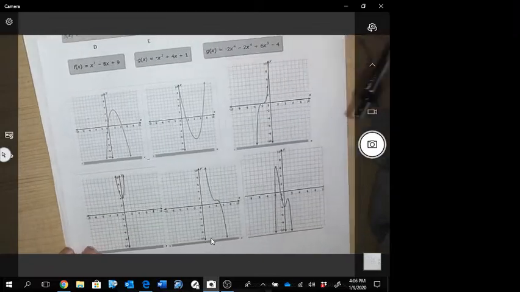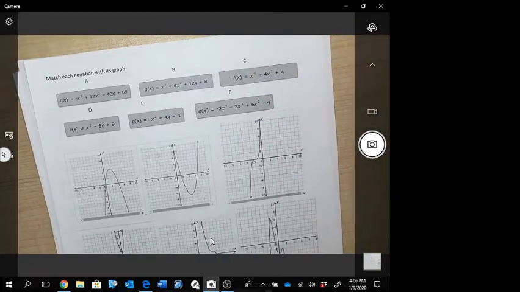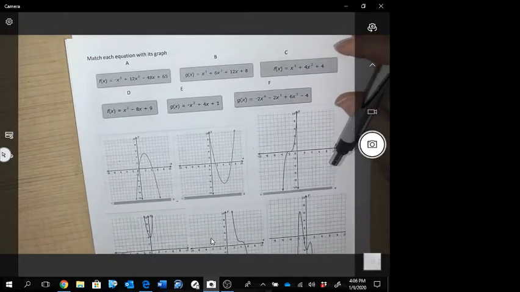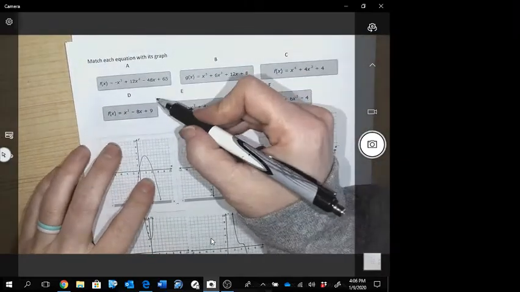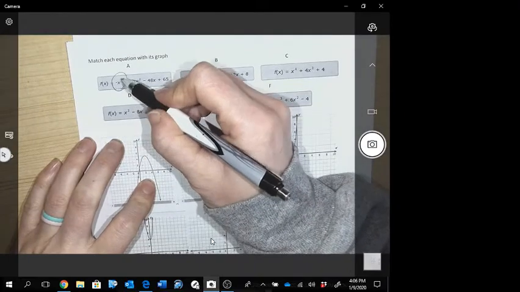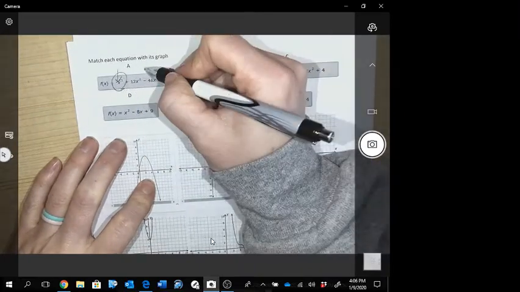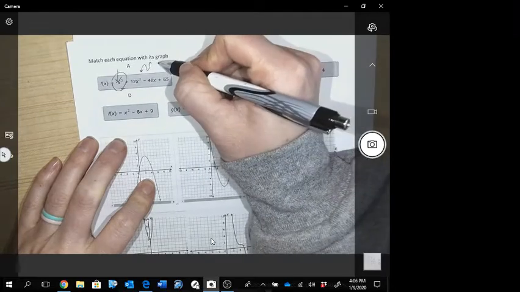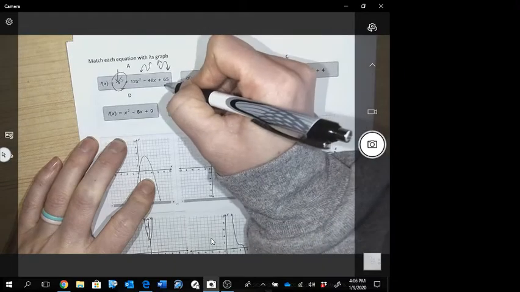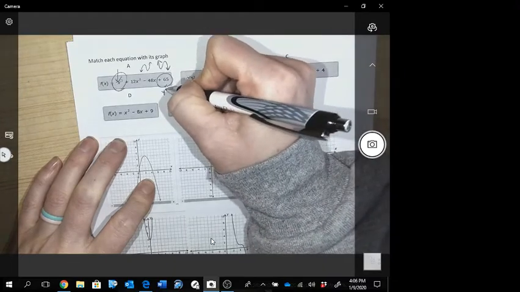Okay, match each equation with the graph. Okay. So what do I know about these? Okay, so this one I know it's going to be a cubic function, and it's got a negative in front of it. So instead of going that direction, it's going to go this direction. And I know this piece of information.